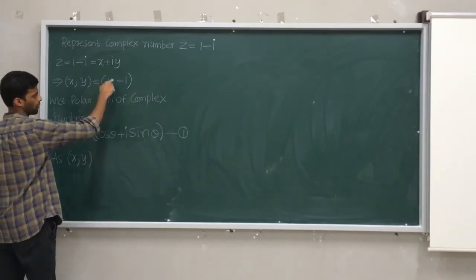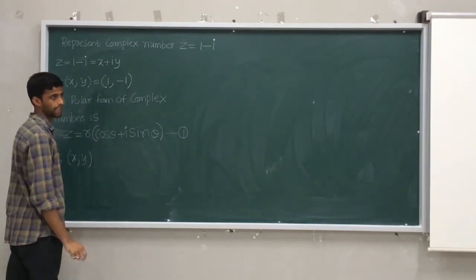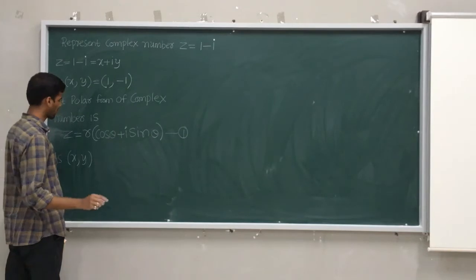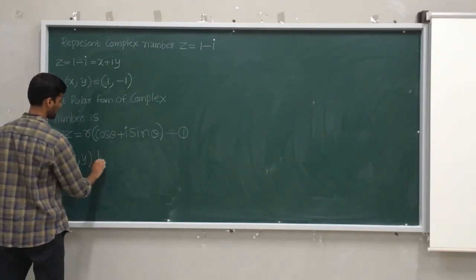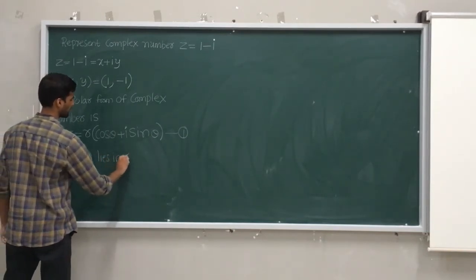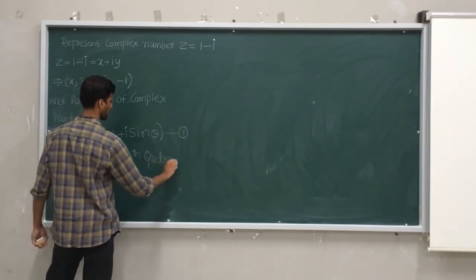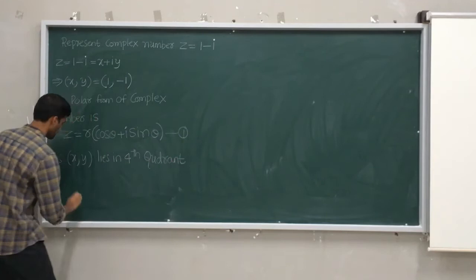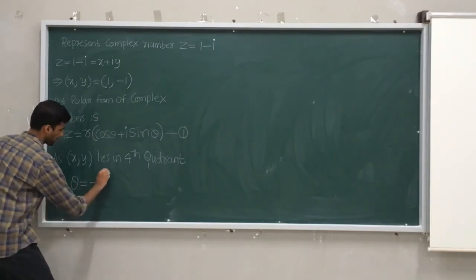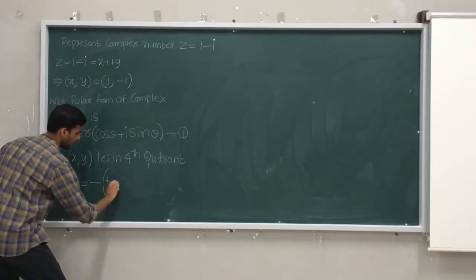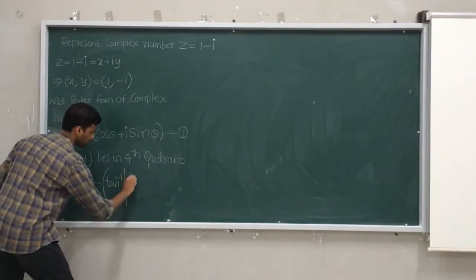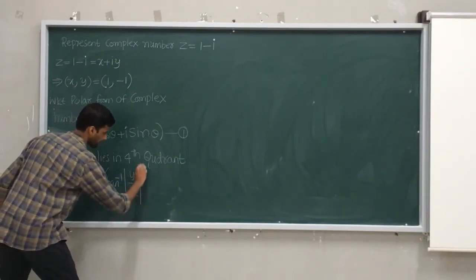x is positive, y is negative. The only case where x is positive and y is negative is the fourth quadrant. So as x comma y lies in the fourth quadrant, theta is nothing but minus tan inverse of mod of y by x.